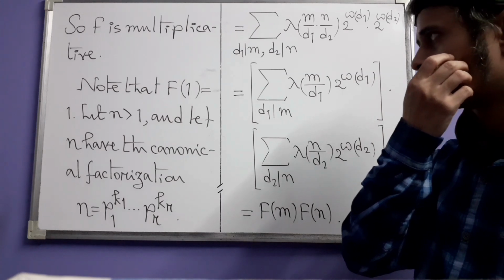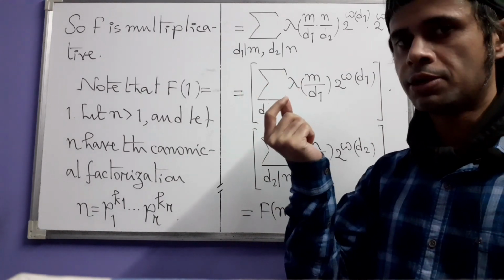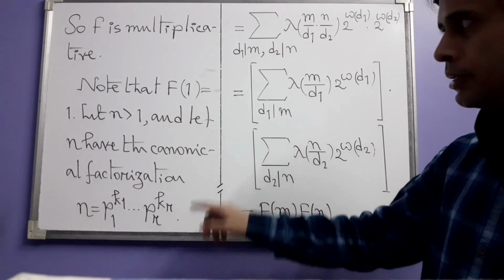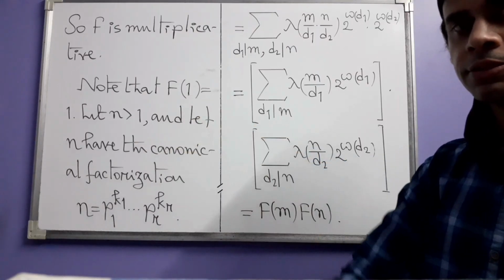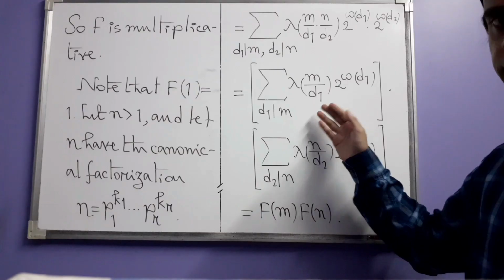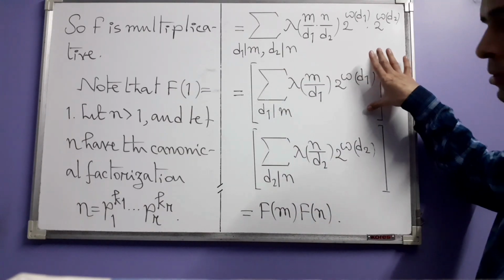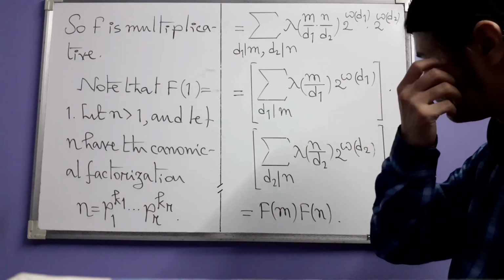And now we come to our main task. We have to show that f of n is equal to 1 for all positive integers n. In that direction, we first note this simple thing, that f of 1 is 1. We have the formula for f here, so let's see it here itself. f of m is this. If m is 1, what will you have?